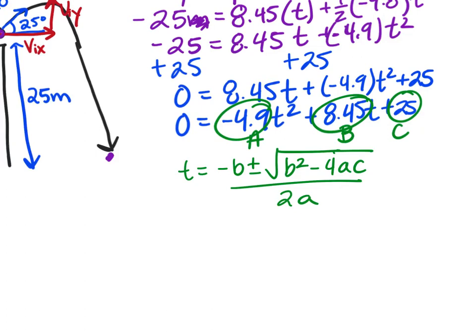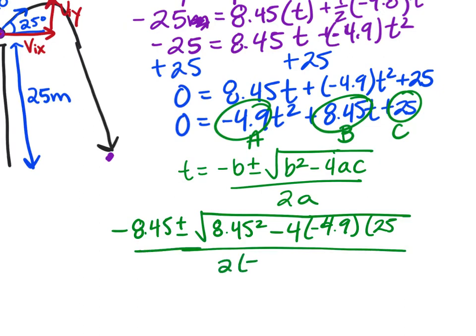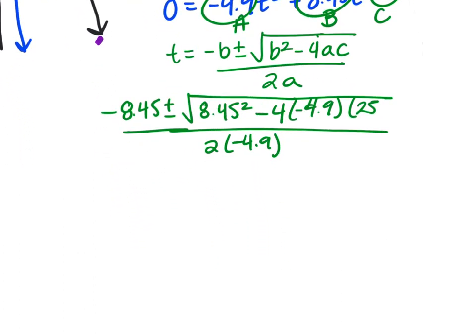So what I'm going to do first is plug everything in, and you're going to get negative b, so negative 8.45 plus or minus the square root of 8.45 squared minus 4 times negative 4.9 times 25. And then that is going to be all divided by 2 times negative 4.9.